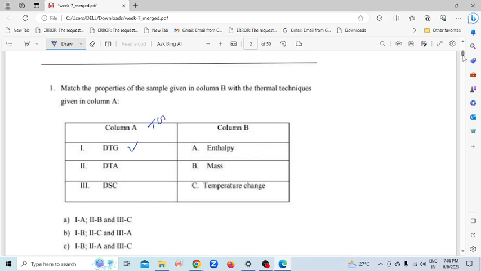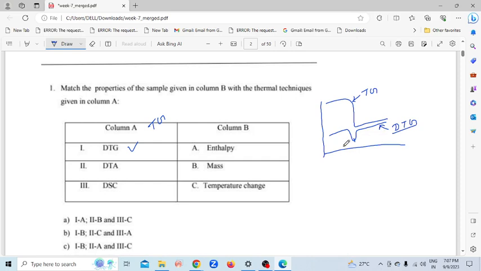If you are plotting TG, the graph will look like this, with mass loss happening only one time. But the rate of mass loss will look like this, so at this temperature the rate of mass loss is highest. So these two graphs are different. The first graph is called TG and this graph is called differential thermogravimetric, DTG. I think it is clear now.